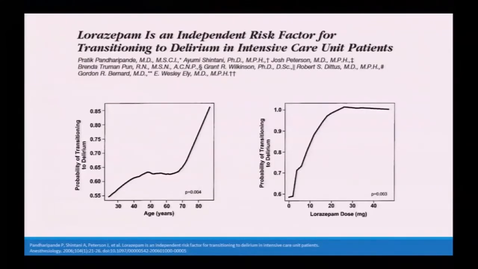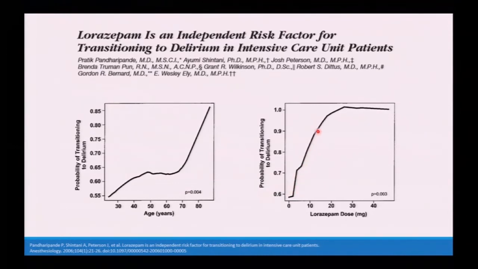And so this study looked at lorazepam as an independent risk factor for patients developing delirium. And so in this graph on the right, as you can see, the minute you use a dose of lorazepam, you go to 60% or 0.6 probability of developing delirium.